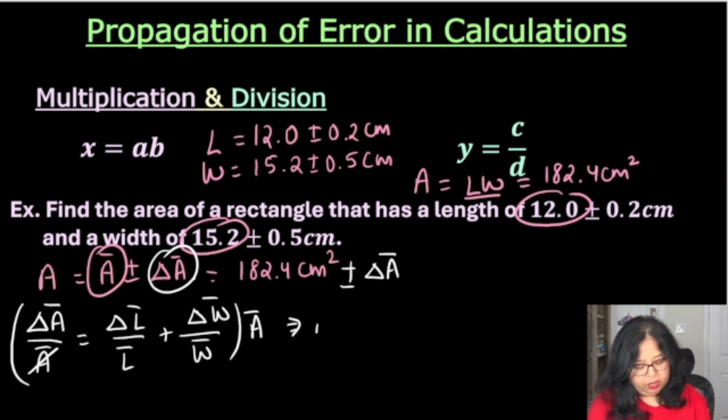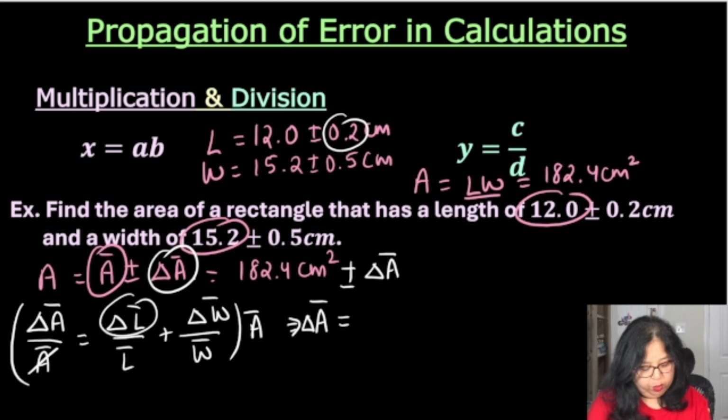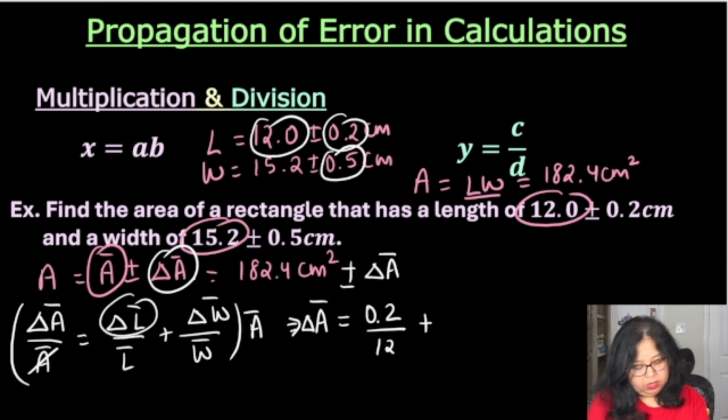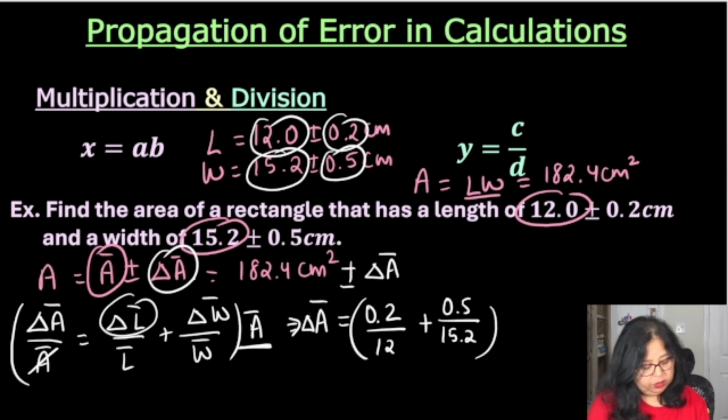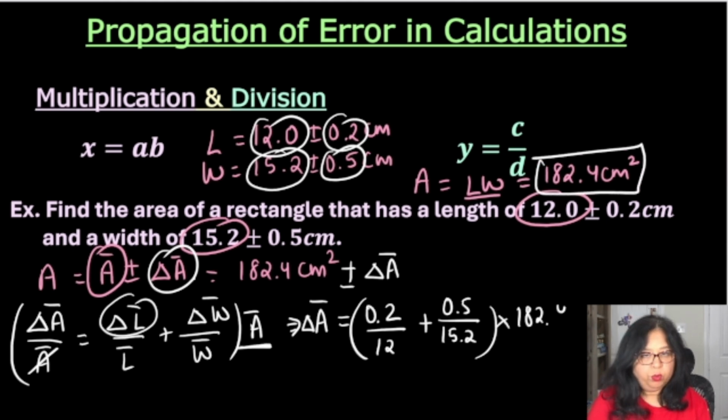This will give you delta A bar equals, what is delta L bar? 0.2 divided by 12 plus delta W bar, 0.5, divided by W bar, 15.2, times this A bar, which is 182.4. Okay, what do we get?